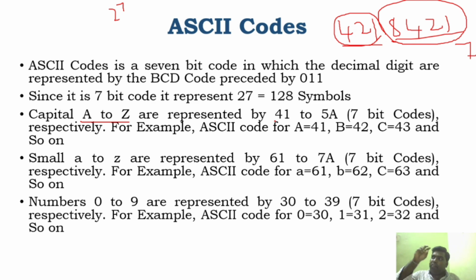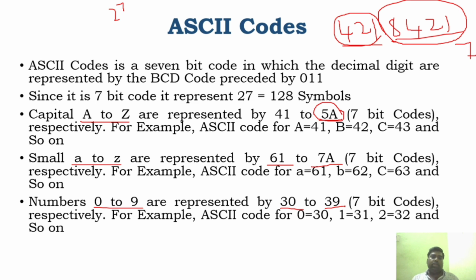A starts from 41, A's value is 41, B's value is 42, C's value is 43, right? Similarly it goes on, and Z's value is 5A. If you get confused with 5A, I'll show how it works. And similarly for small a to z, it starts from 61 and ends at 7A, right?